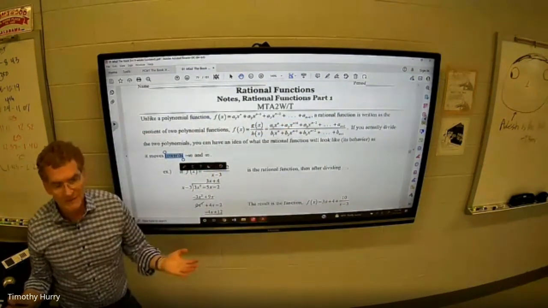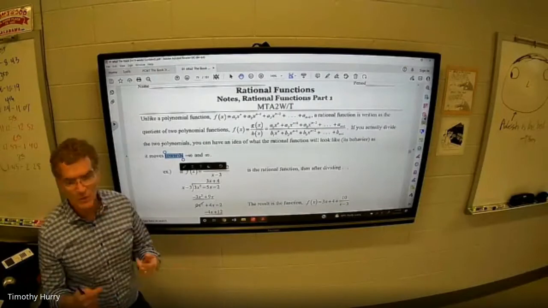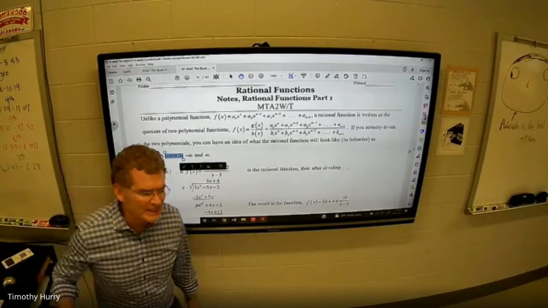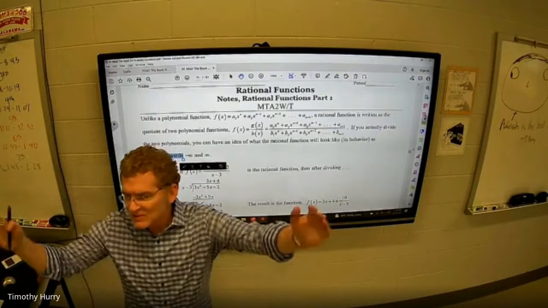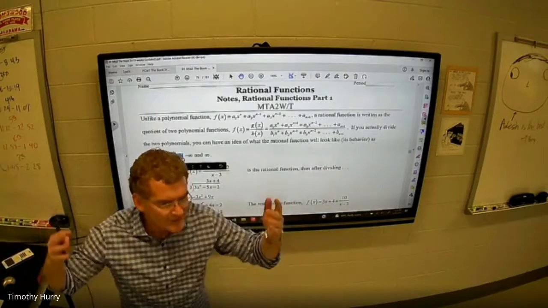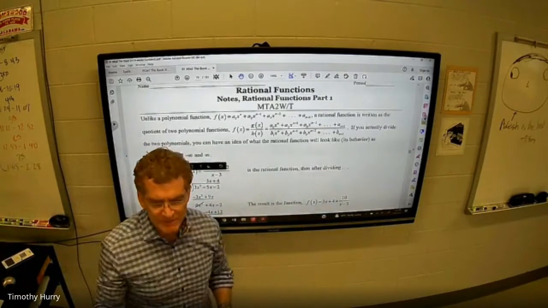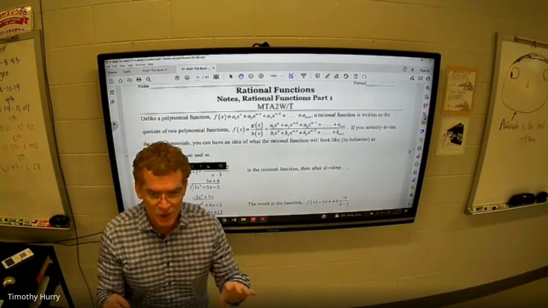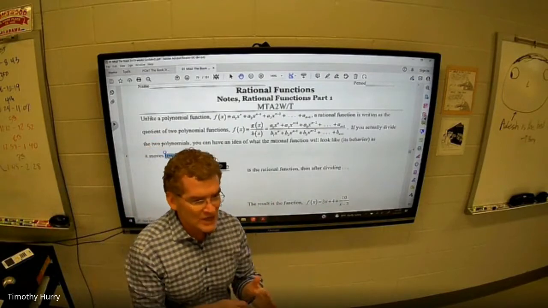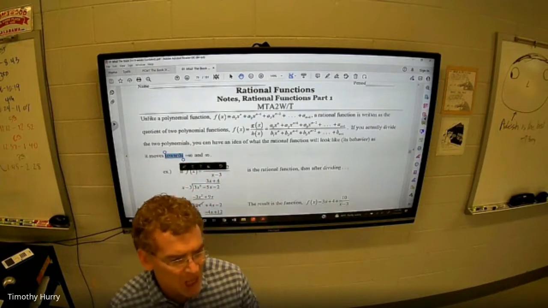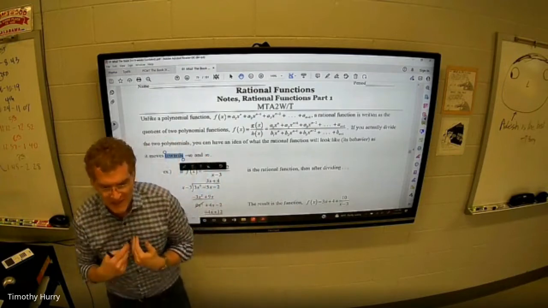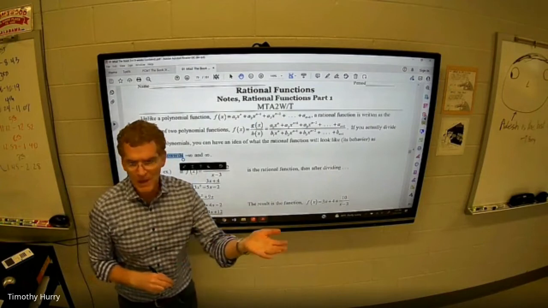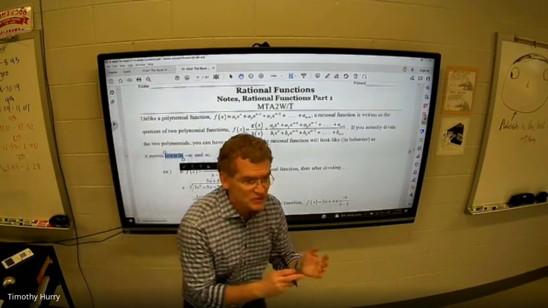That's it. Now, there are behaviors about these that we want to talk about, because it's really easy to sketch a line. It's not too bad to sketch a parabola. It gets a little trickier to sketch cubic functions and things like that. But we're going to want to be able to sketch and interpret what these rational functions look like. And there's a whole lot of easy questions we're going to get out of this, like, does this polynomial function, or I'm sorry, does this rational function have a hole?